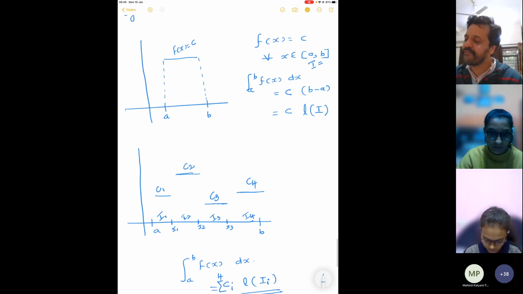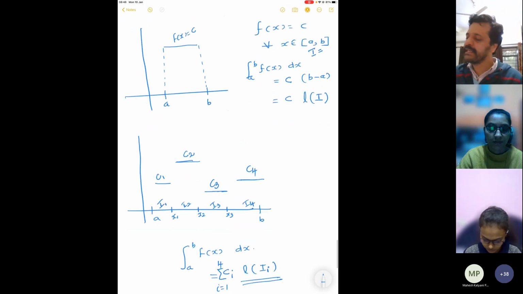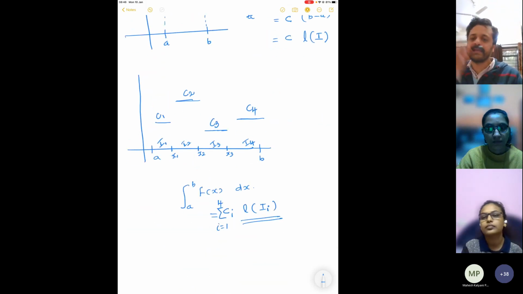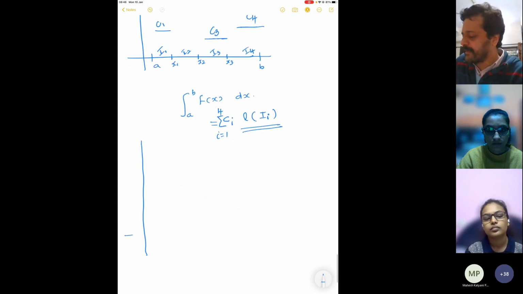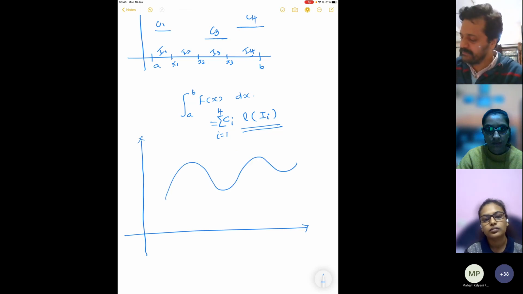So from the very base level, he went to a slightly complicated thing. Now, this is the underlying idea. If you have any arbitrary function, you try to do the same thing.